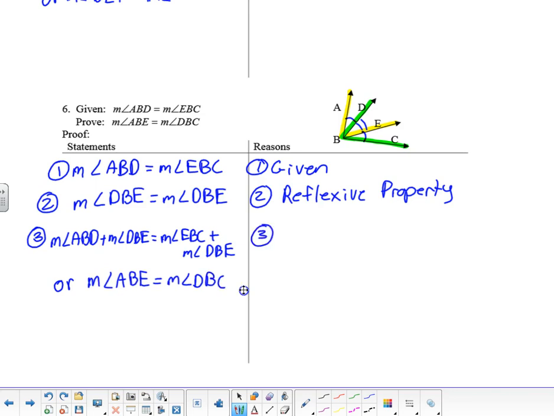All right, and again, that is the addition property of equality.